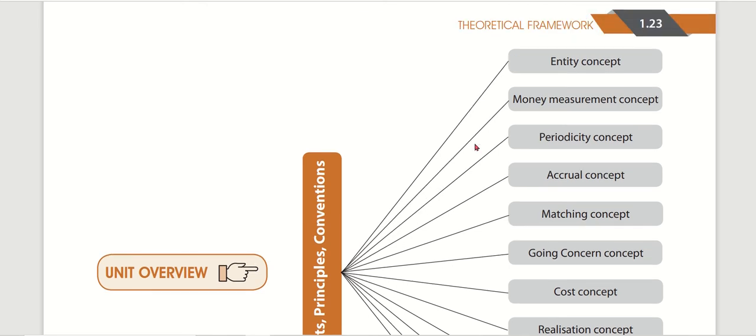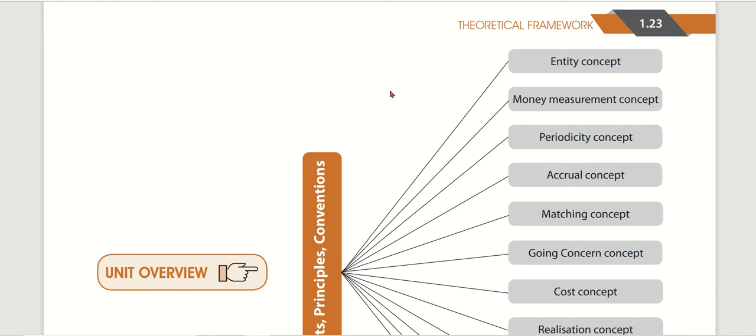Here we notice a list of various concepts highlighted. I am just going to pick up two or three different concepts and explain to you how an error of principle arises in the case of such concepts.